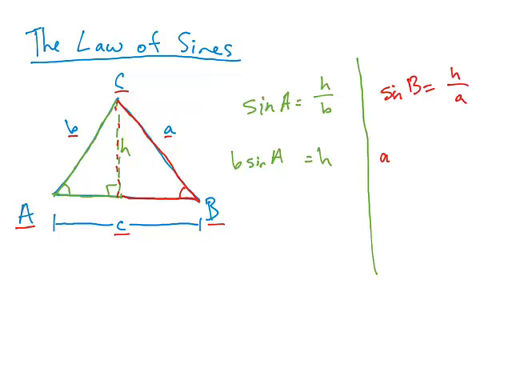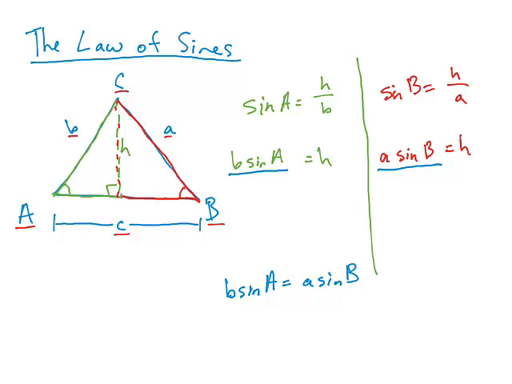So we could say a sine of angle B is equal to h. Now what we see is that h is equal to b sine A. h is also equal to a sine B. So because these both equal h, I can set them equal to each other. So b sine A is equal to a sine B.